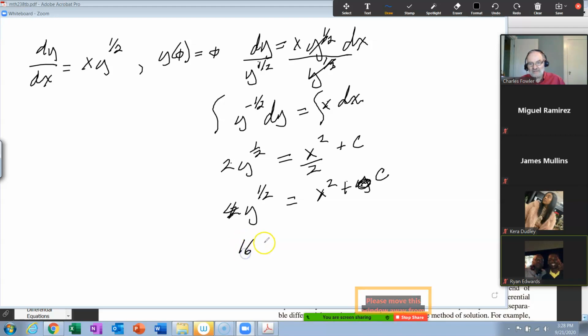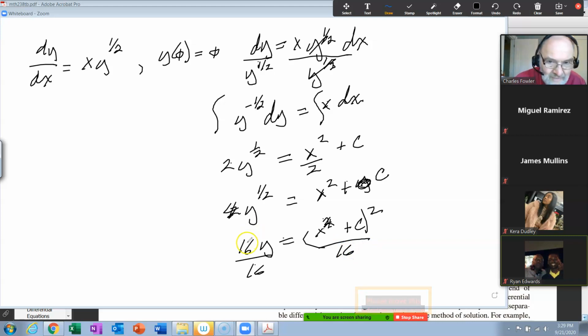This will be 16y is equal to x to the 4th plus c, x squared plus c squared, I think is how they'll do it, and then divide both sides by 16. Alright, let's see if that's what they got. Yeah.